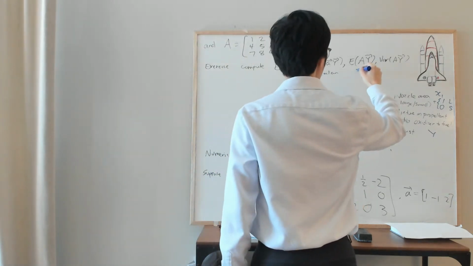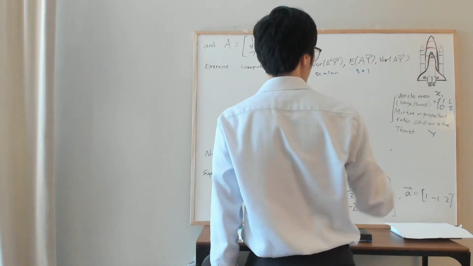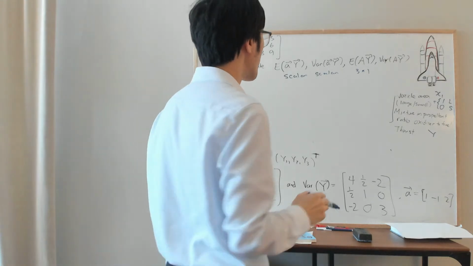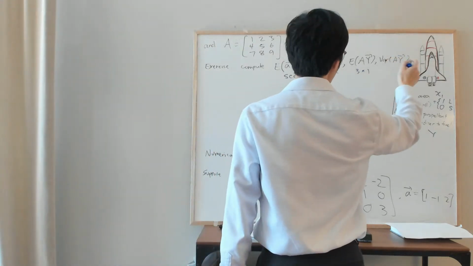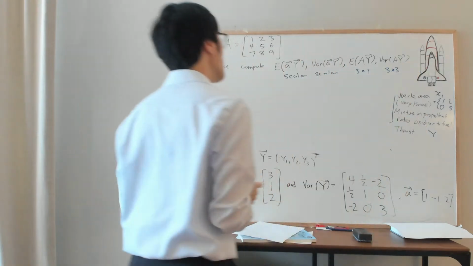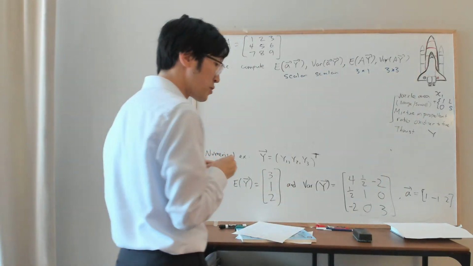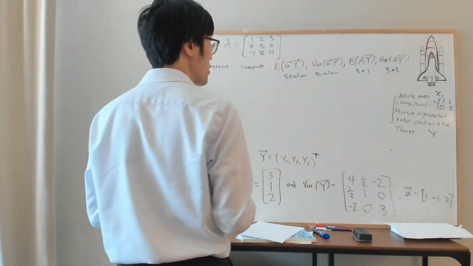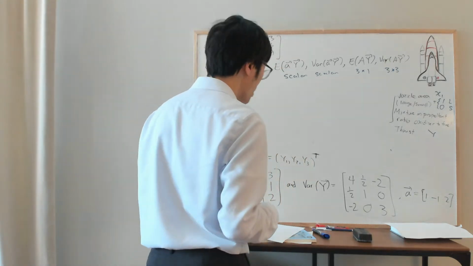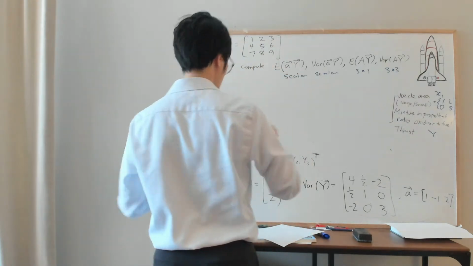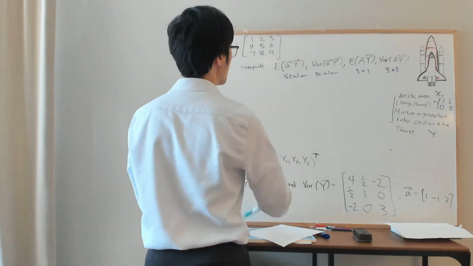So this will be a 3 by 1 mean vector, and then the variance of A times y is the covariance matrix, so this will end up being 3 by 3. Let's just do a couple of these for practice, and you can do the rest yourself to make sure you remember how to work with vectors and matrices. Let's start with the first one here.